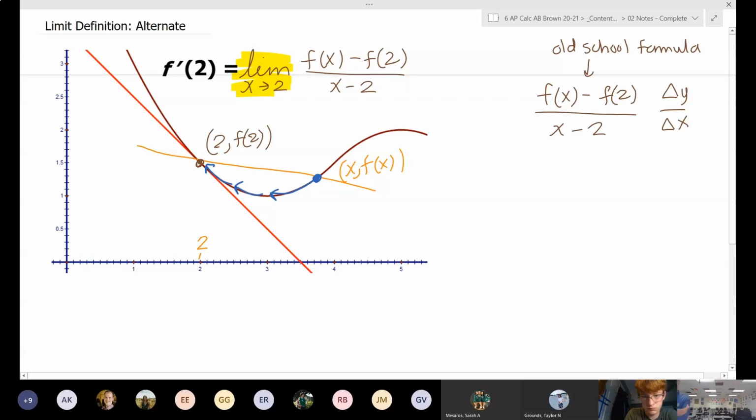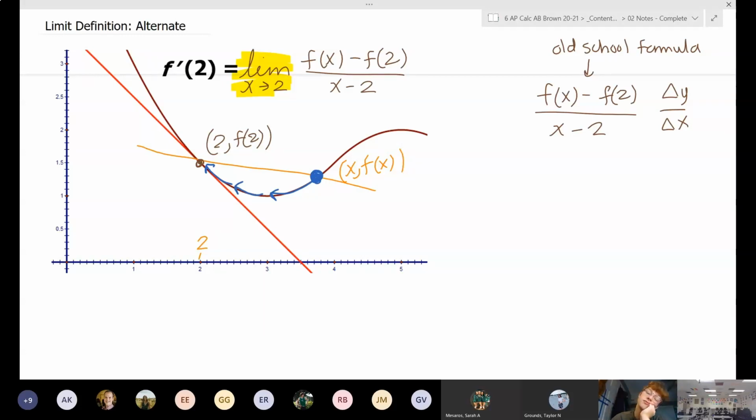As that point, the one that I've called x comma f of x, is literally moving closer and closer to the x value of 2, what is that orange secant line going to eventually line up with? Any ideas, if you can kind of see it? What's going to happen as this blue point at x comma f of x approaches the x value of 2?